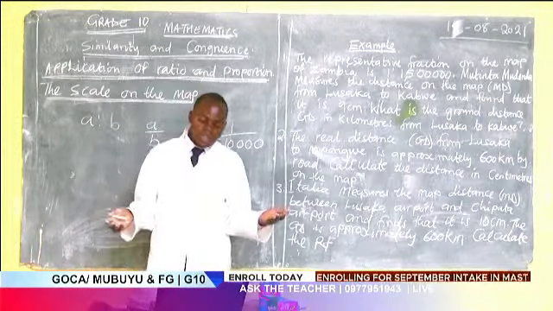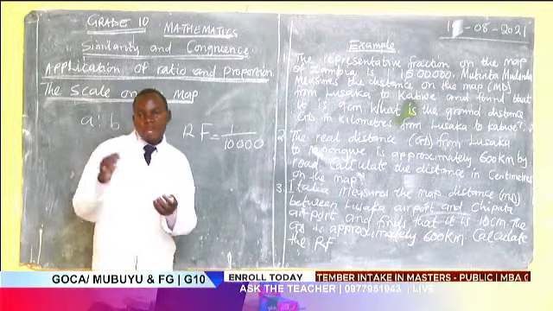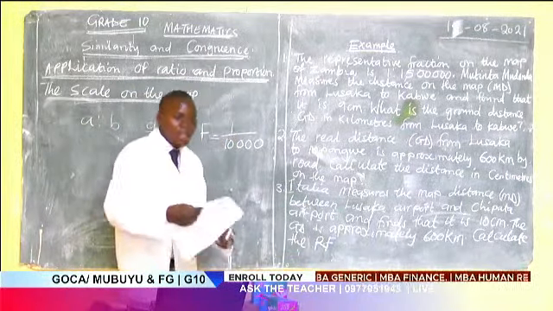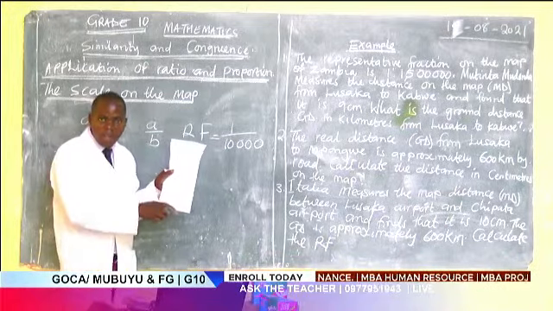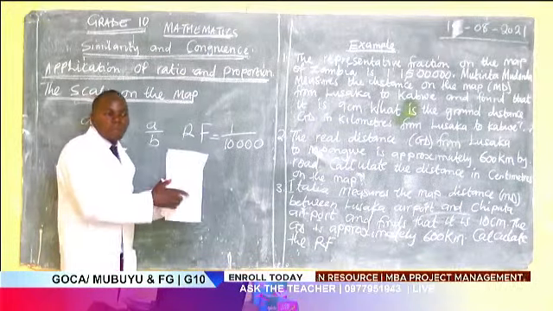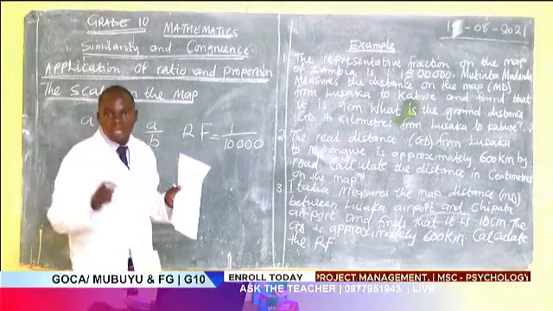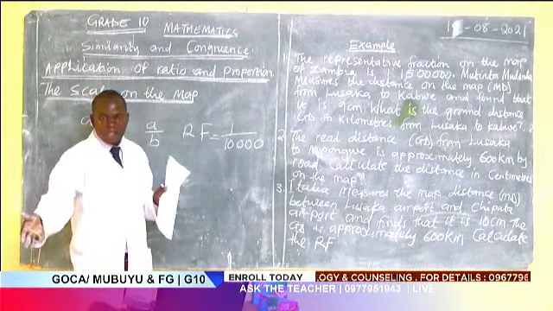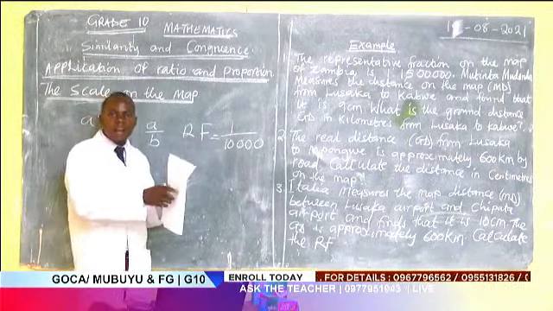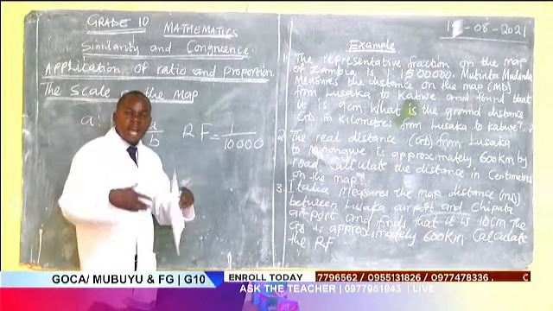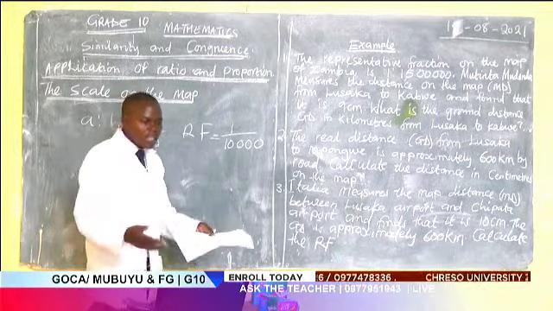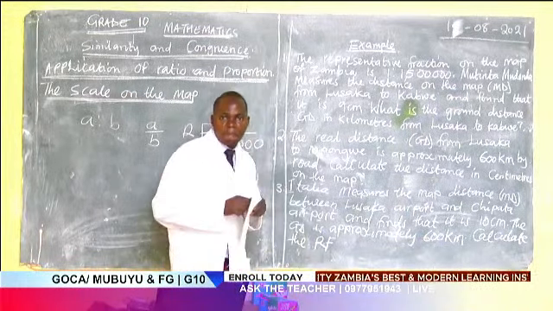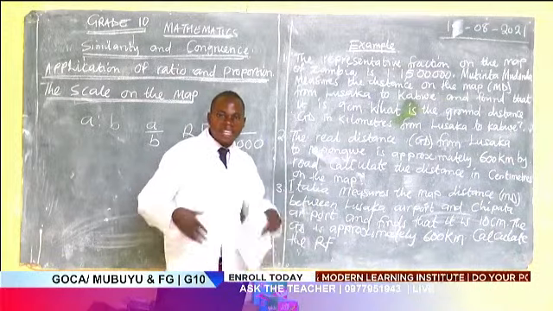Now, one thing that you need to know here, when you are drawing on a piece of paper, whatever you are drawing on the paper must be in centimeters. Then on the ground, you must do it in kilometers, because you cannot say I have to measure in centimeters on the ground, say from here to Livingstone.